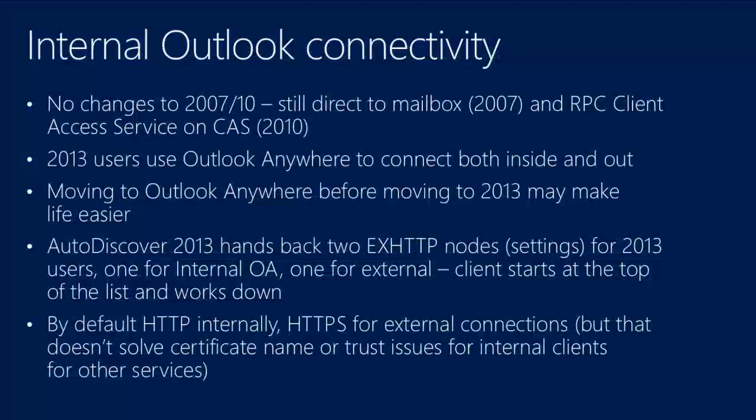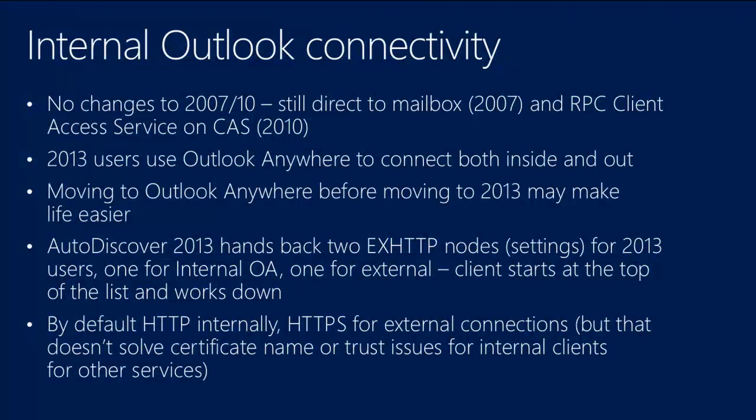Okay? Now, Autodiscover, because we've got this Outlook Anywhere connectivity inside and out, the Outlook client now has to understand this. And the Outlook client, up until we took this route, only understood Outlook Anywhere for external connectivity. It would have the EXCH nodes within the Autodiscover XML for the internal connectivity methods and the EXPR node within the Autodiscover XML for its external settings. Well, now we've got Outlook Anywhere inside and out. How does that work? Well, we made the Outlook client smarter.